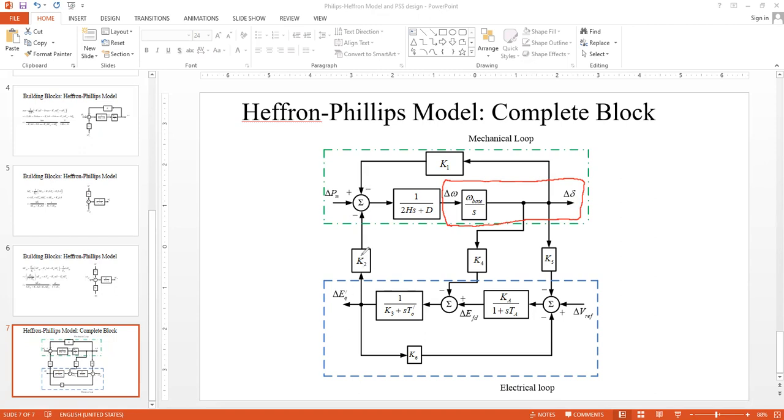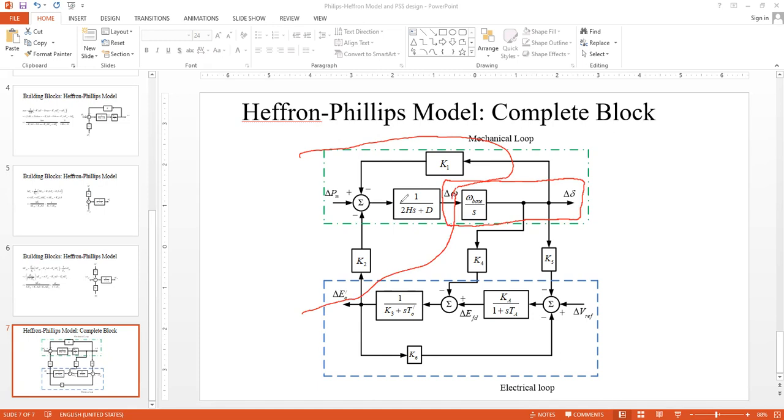So these are the two inputs. K1 del delta comes with a minus, plus del PM. So this is the second one.